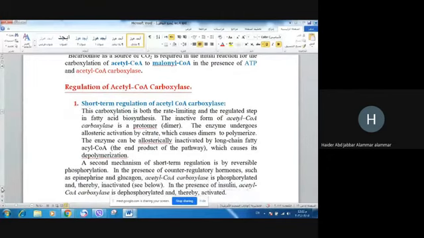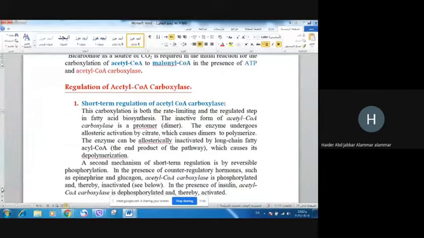Any rate limiting reaction plays a key role in the regulation of this metabolic process. So acetyl coenzyme A carboxylase is the regulated rate limiting step of fatty acid synthesis. The acetyl coenzyme A carboxylase itself is regulated.